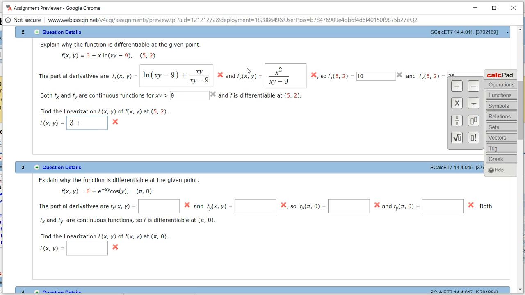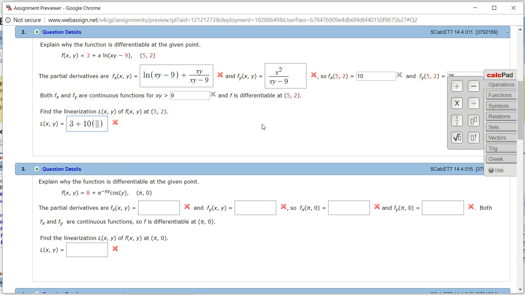Plus, the partial with respect to x at (5, 2) is 10, so I'm going to use this number, 10, times x minus 5. And then the partial with respect to y at (5, 2) is 25, so we put 25 times y minus 2, since the y value is 2. So that would be the linearization.